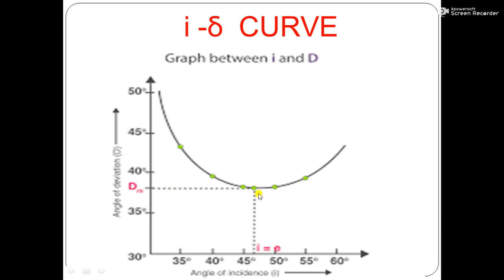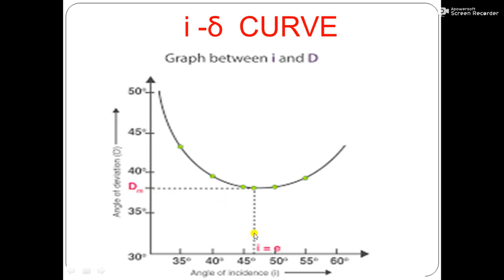For 48 degree angle of incidence, the angle of deviation is 38 degree. And at that particular point, the angle of emergence is also equal to the angle of incidence, and we are getting a minimum angle of deviation. That means the angle of deviation is minimum.